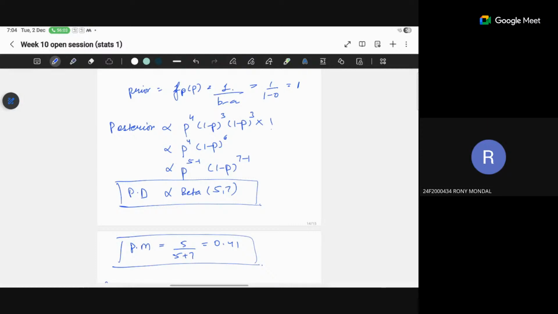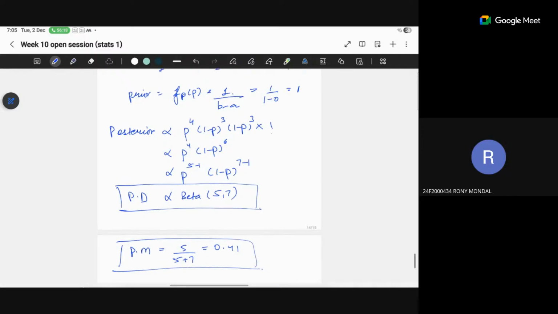Out of these 100, the new method failed to detect the disease in 20 cases. Use a beta with a suitable beta.